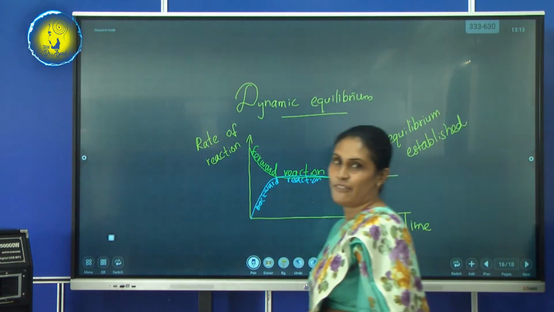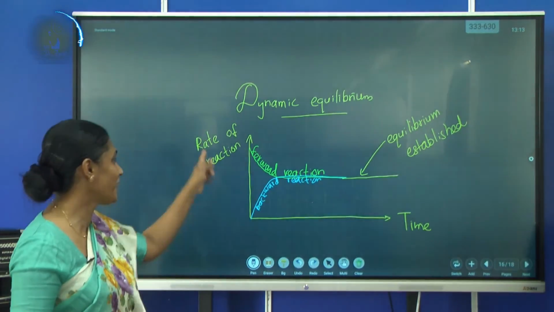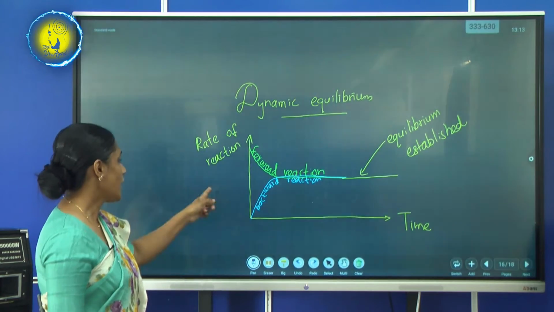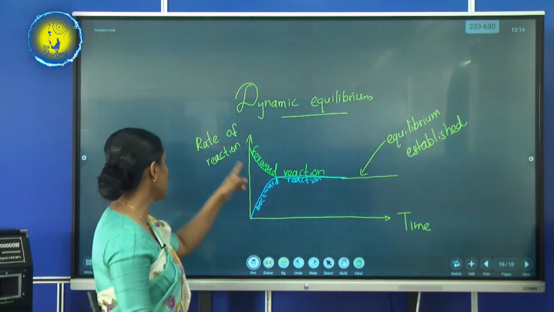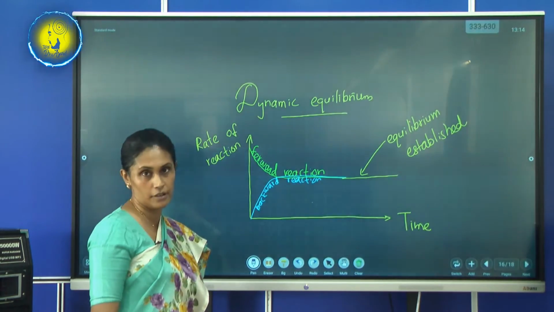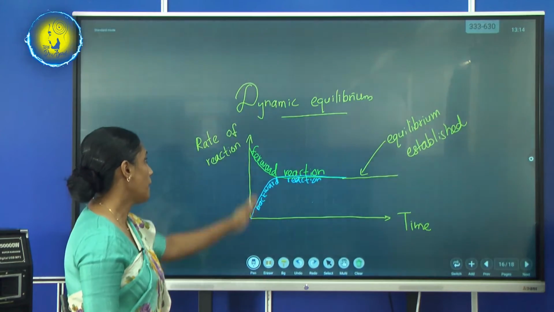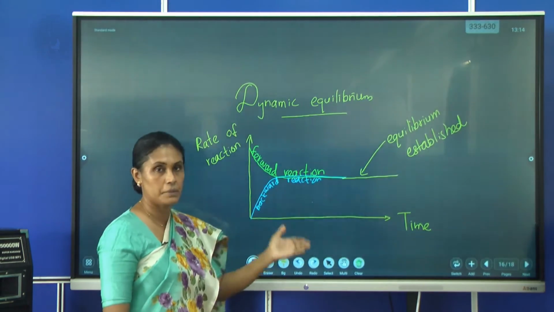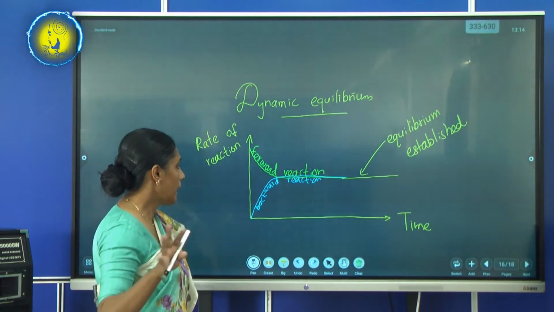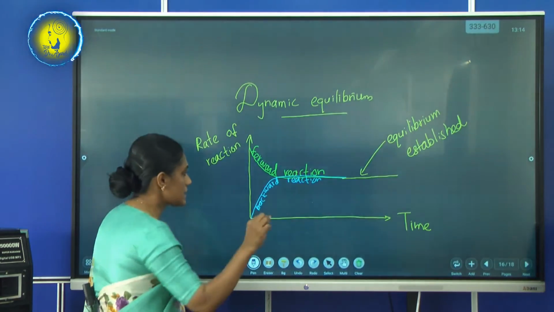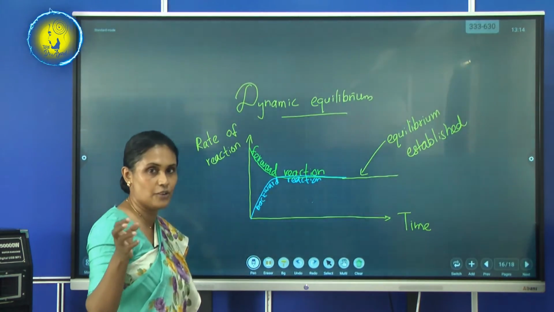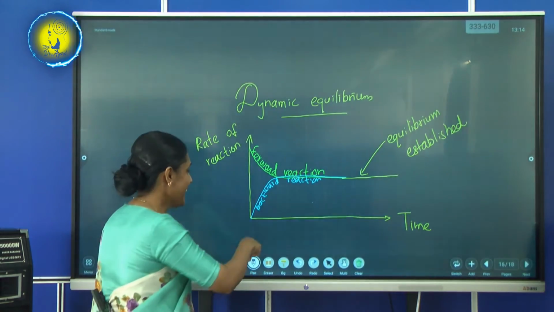Okay, without a graph we are alone, right? So look at the graph. I use time for the x-axis and rate of reaction for the y-axis. And I am going to represent dynamic equilibrium here. My dear children, I hope you can see, the letters are a bit odd, I know it's a bit hard to write here.